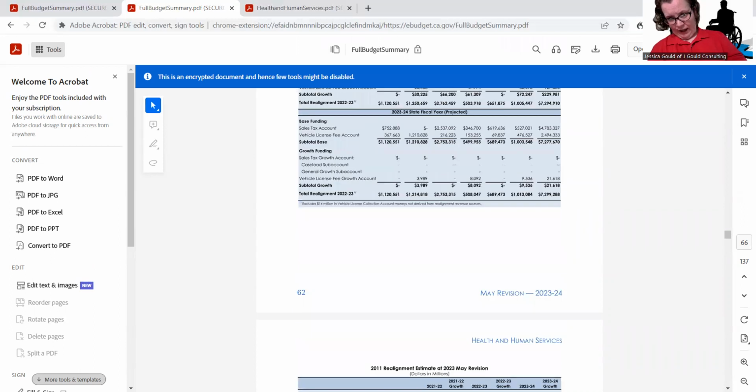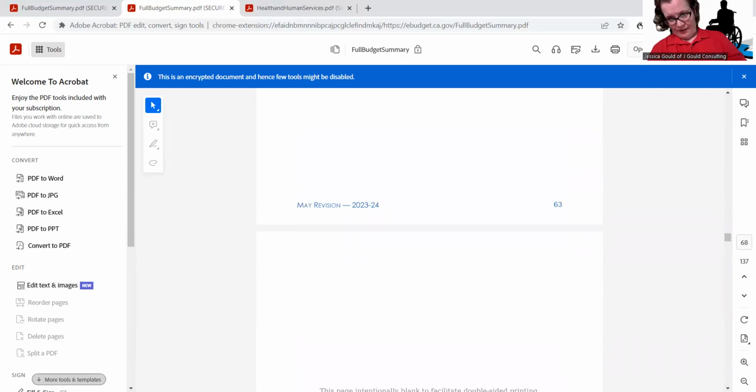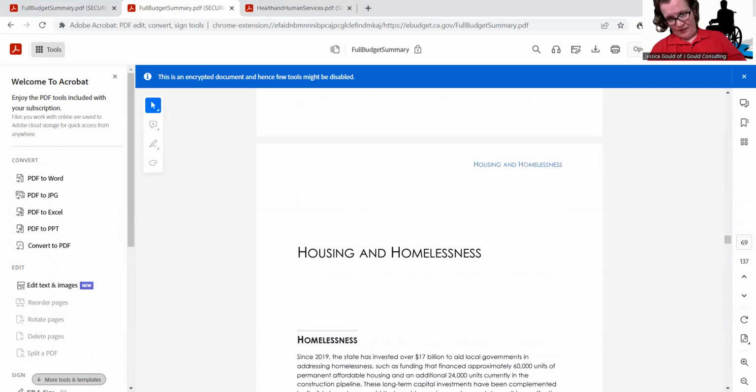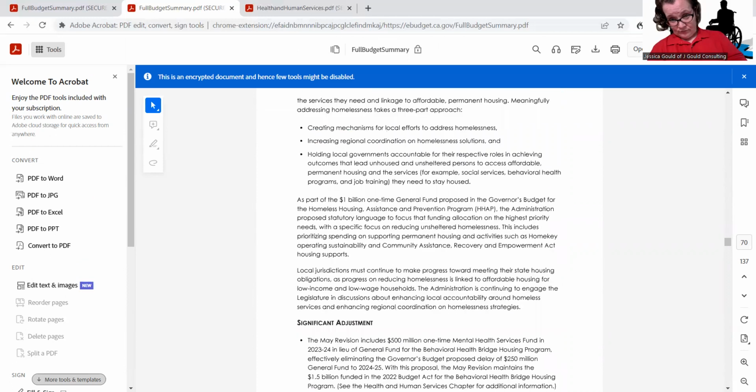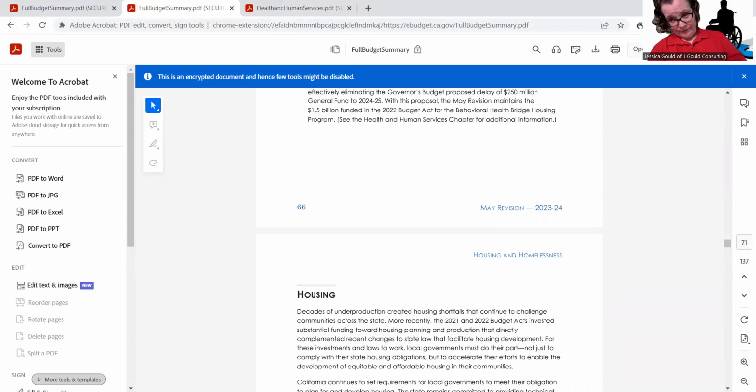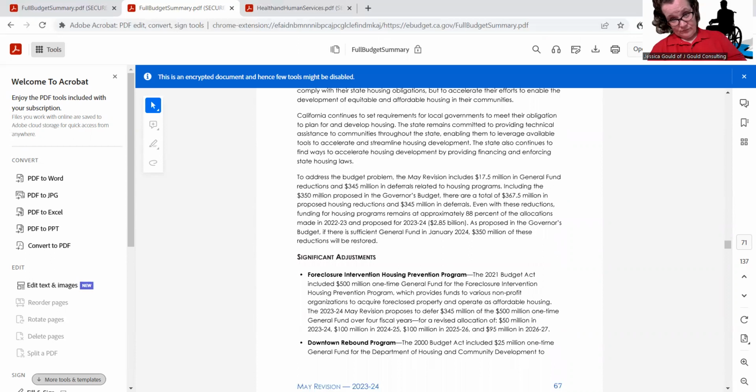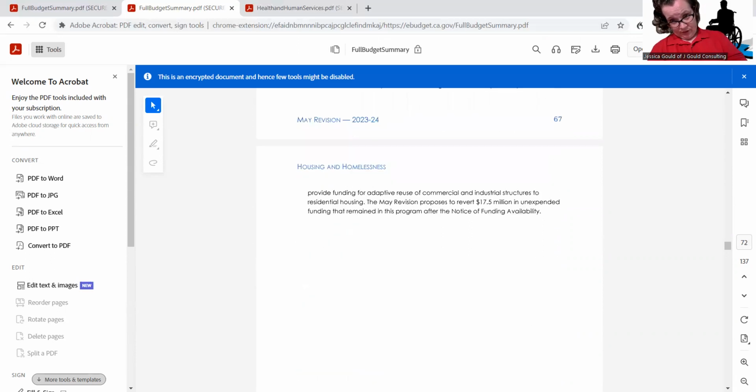Again, just getting to the right section is always the tedious part of this budget. It's long. Housing and homelessness. There we go. And again, talks about adjustments. Foreclosure.